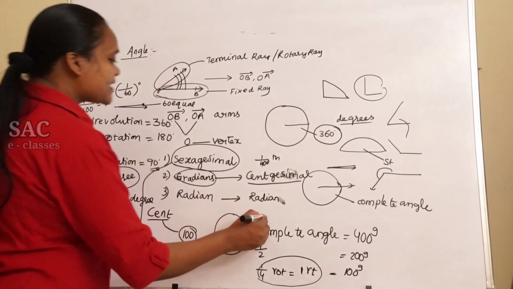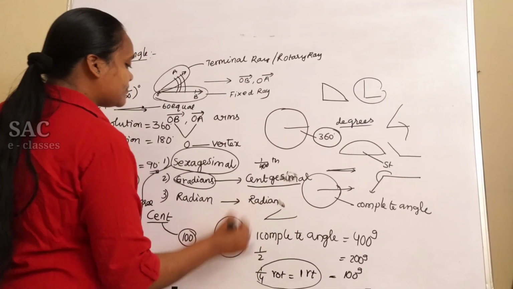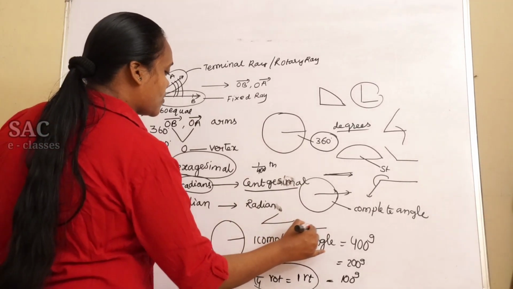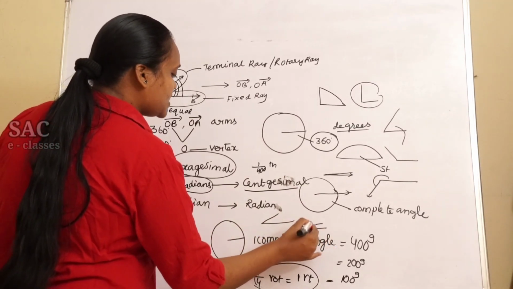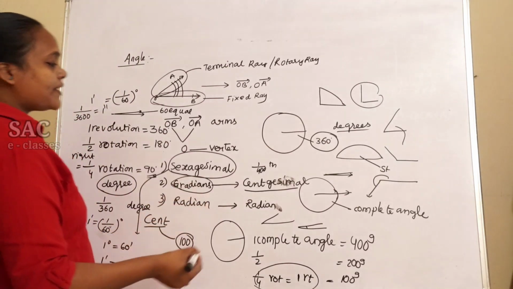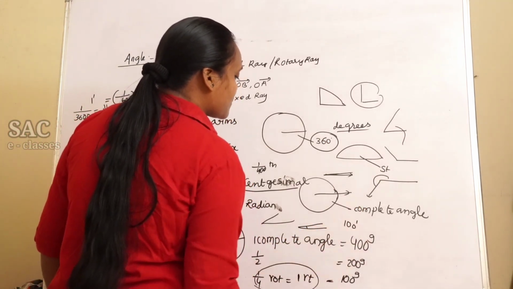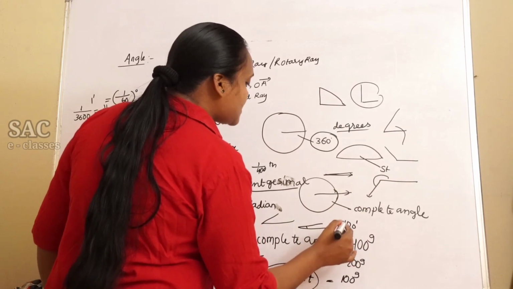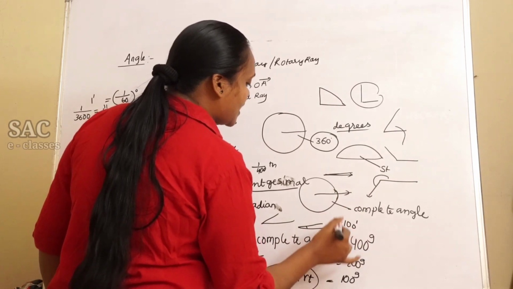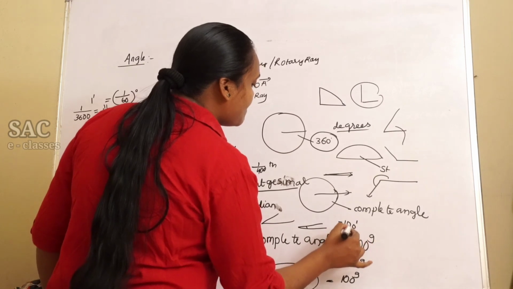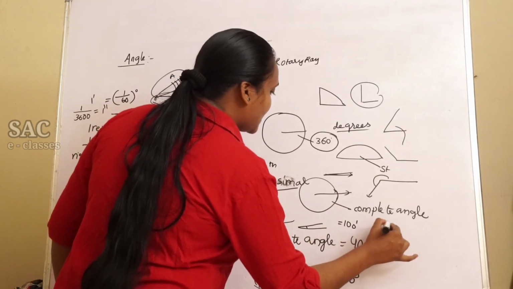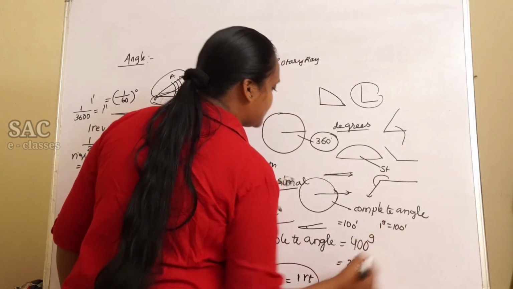Take such a fine one grade, very small, and make it into 100 further parts. Each part of such a grade is called a minute. So, one grade equals 100 minutes.